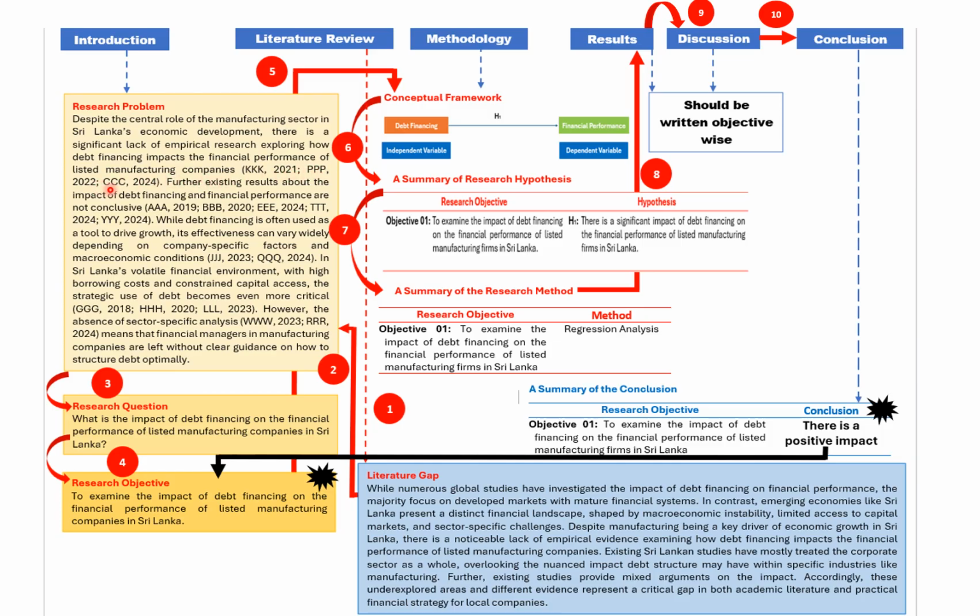You can see the references are there because the research problem should be strong. It should be backed by several evidences. Further, existing results about the impact of debt financing and financial performance are not conclusive. Still, there are different arguments about the impact. Right? So while debt financing is often used as a tool to drive growth, its effectiveness can vary widely depending on company-specific factors and macroeconomic conditions, as stated by these authors.